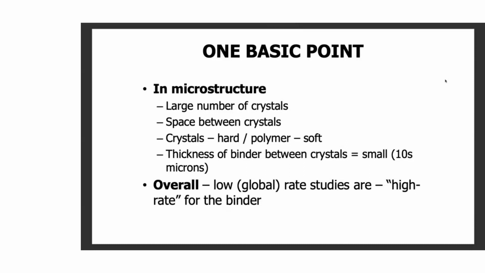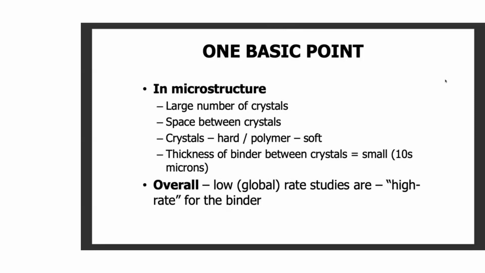What this means is when we apply a stress to the system and produce a strain, what we get is a high rate change in the polymer binder layers. Those are the layers that are accommodating the strain in the system.